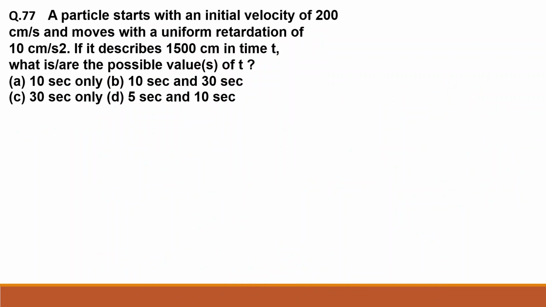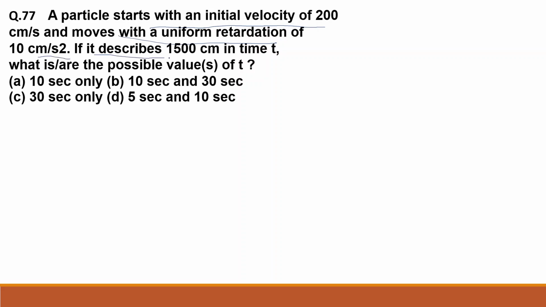Question number 77. A particle starts with an initial velocity of 200 centimeter per second and moves with uniform retardation of 10 centimeter per second square.